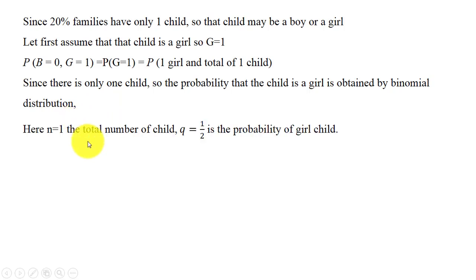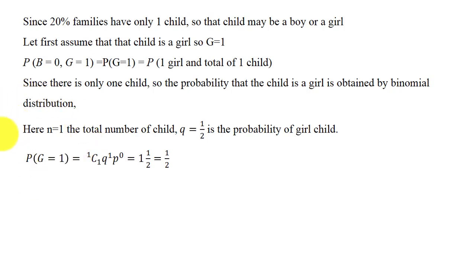Since we have only one child here, n equal to 1, and assume that Q denotes the probability of getting a girl. A child may be a boy or girl, and it is given that it is equally distributed. So Q is 1 by 2.